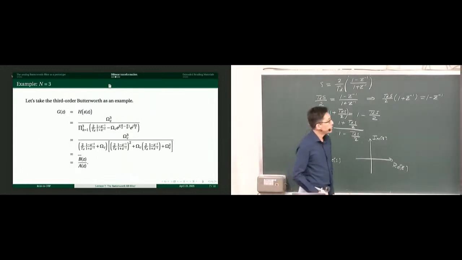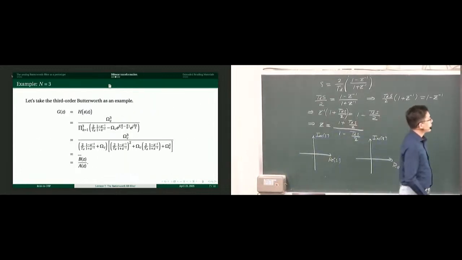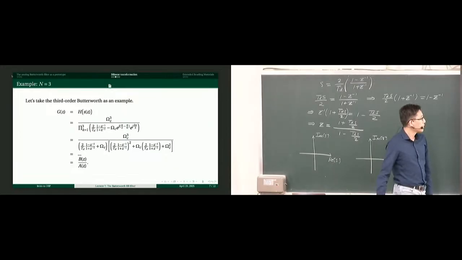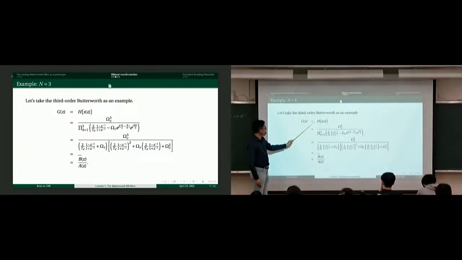Okay, so here I want to go a few steps further using the third order Butterworth as an example. If we really do this substitution, H of s is known, right? Whenever you see an s, here is where s appears. Here's one location where you see s.